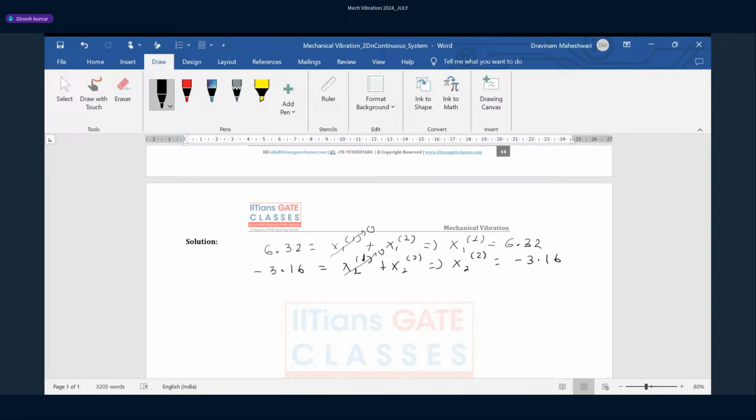Now guys, if you want to find phi 2, it will be x1 for second mode upon x2 for second mode. So how much are we getting? 6.32 upon minus 3.16. You'll get minus 2, 1. Am I correct? Yes or no?